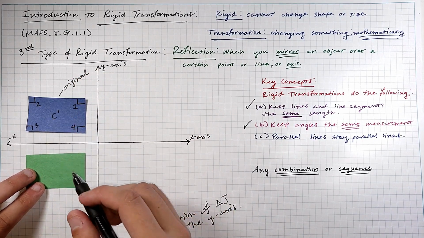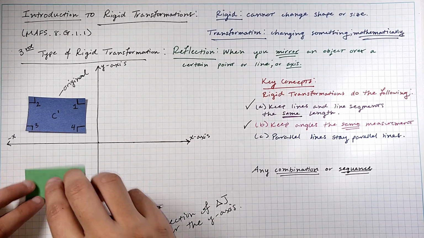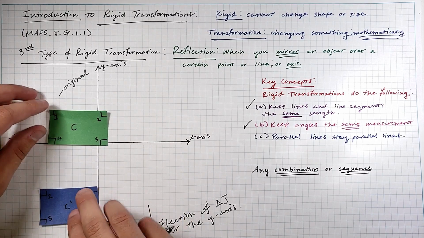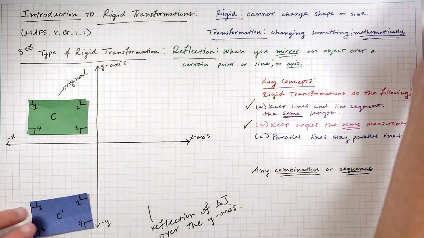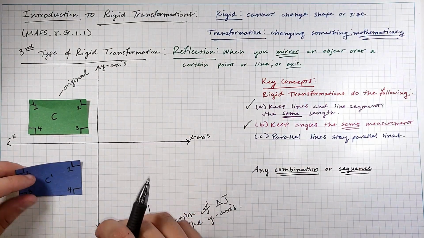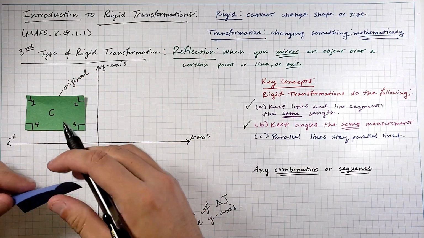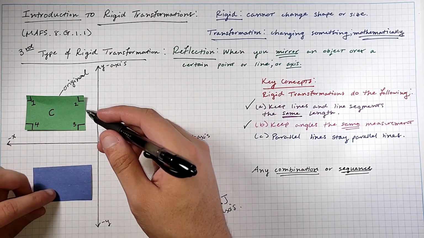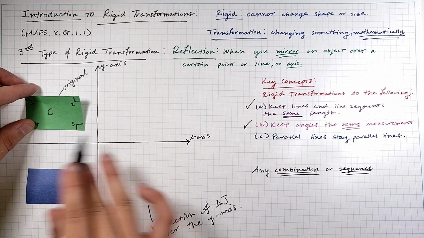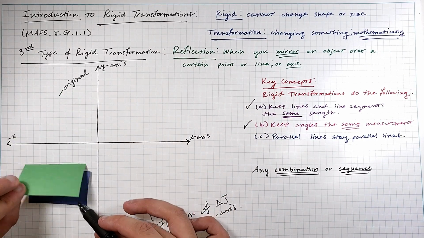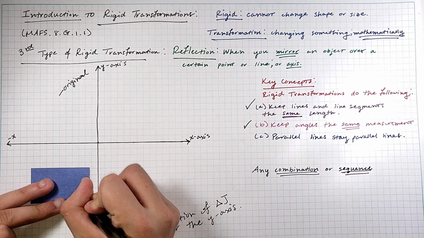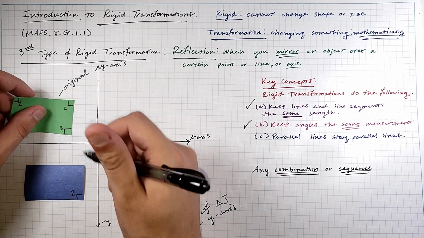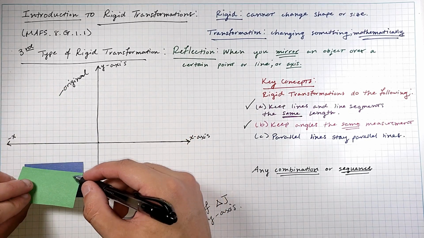So this is C prime. Let's put C here, and what I can do is reflect it. Let's see where these angles end up. When I reflect it over the x-axis, angle 2 is going to be down here in this bottom right corner, and angle 3 is going to be right up here.